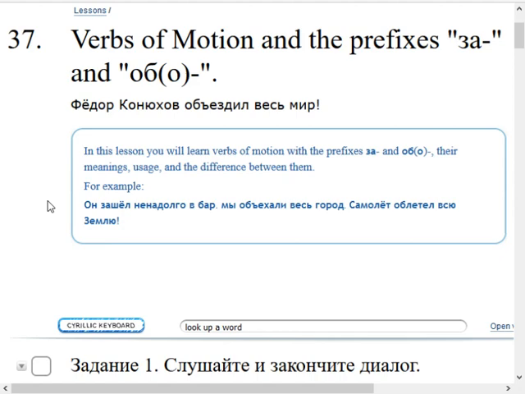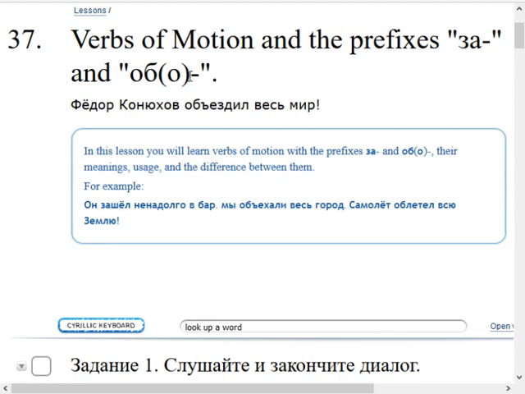So, what is za? Well, za in Russian generally means something like behind. It's often used as a prefix to mean behind something. So that can be one meaning of it, but it also has a few other meanings. In the context of this lesson, it has two main meanings, which we'll see later. Ob or abo is more straightforward here.